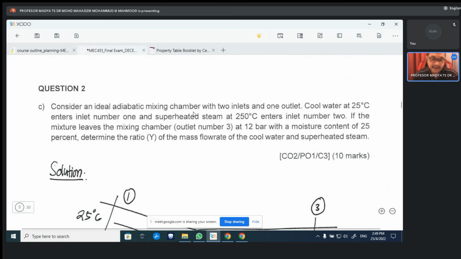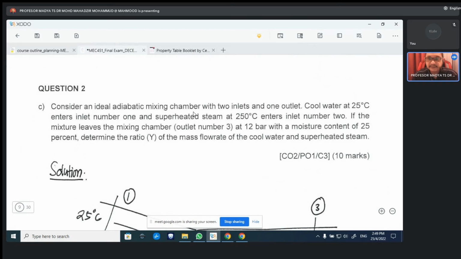The mixing chamber has an inlet and also an outlet. So of course mass can cross the boundary, go in and come out. That's why it's called an open system.